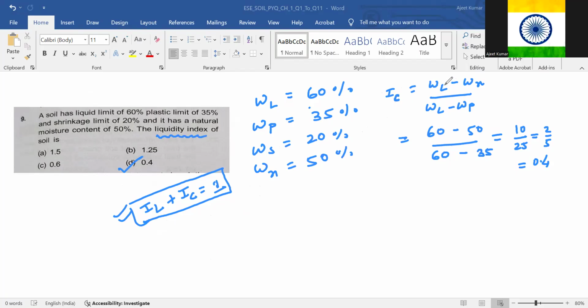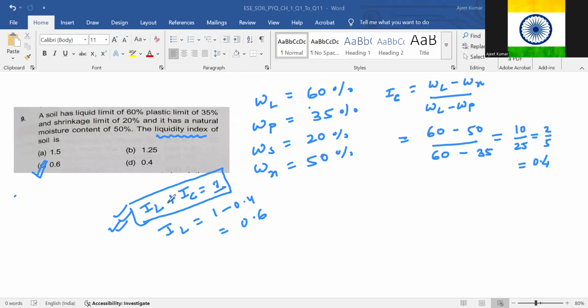Consistency index is equal to liquid limit minus WN divided by WL minus WP. So from this relation, IL is equal to 1 minus 0.4, which is 0.6. So the answer will not be 0.4; the answer will be 0.6, option C. So don't confuse liquidity index and consistency index.